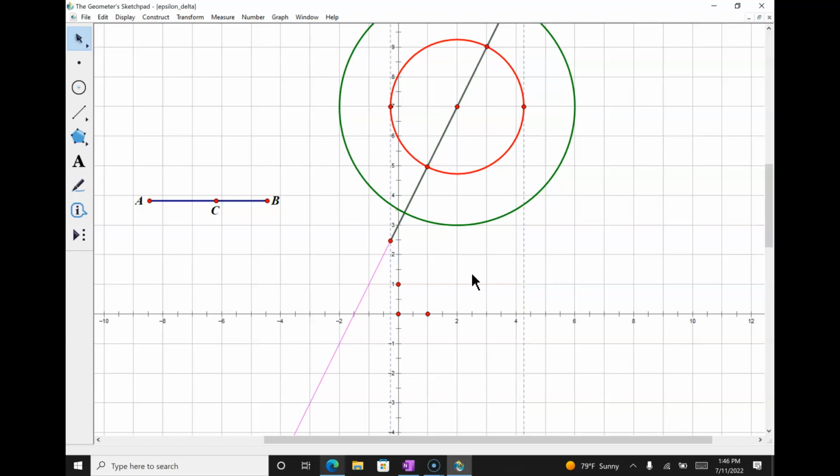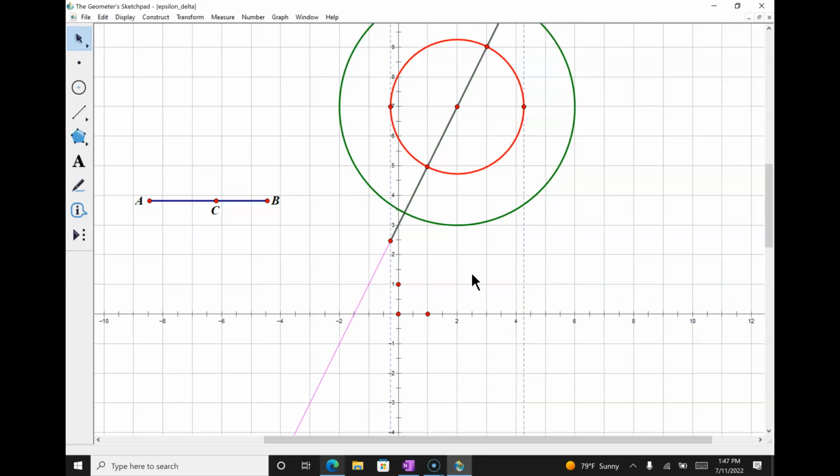Do you see it dark green between my delta pick? Yes? Do all of the places on that dark green line hit the dartboard? Does this point hit the dartboard? Yes. Does this point hit the dartboard? No. So when I shrink my dartboard down, will I guarantee I hit the bullseye? No, because some of the darts are off the board.